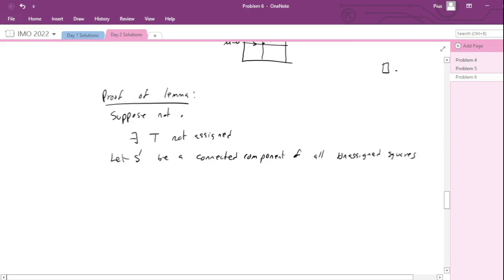I'm going to explain what this means. Since we have one square, we could have some other neighbors that are not assigned. We include that, so we can keep adding, let's say, neighbors.